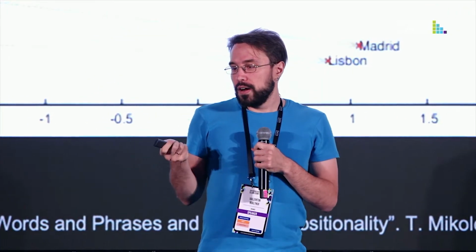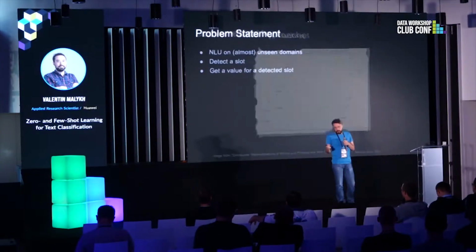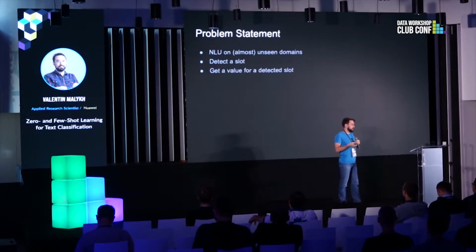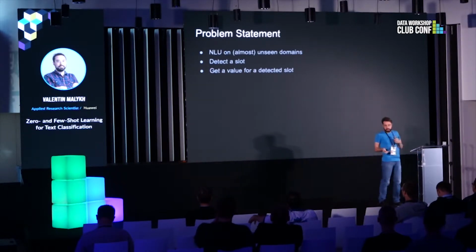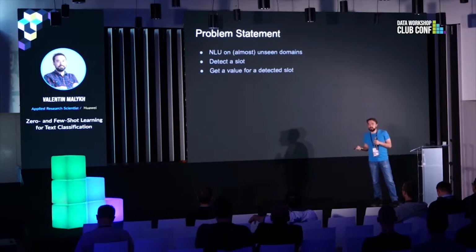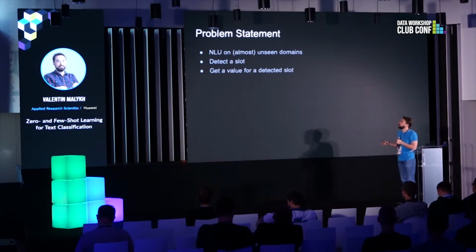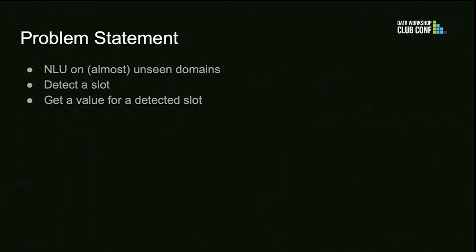Okay. This is the problem I try to discuss with you. The classical dialog system problem is not the same. The idea of this specific problem is that we need to do natural language understanding on almost unseen data. So we have almost no data for processing.